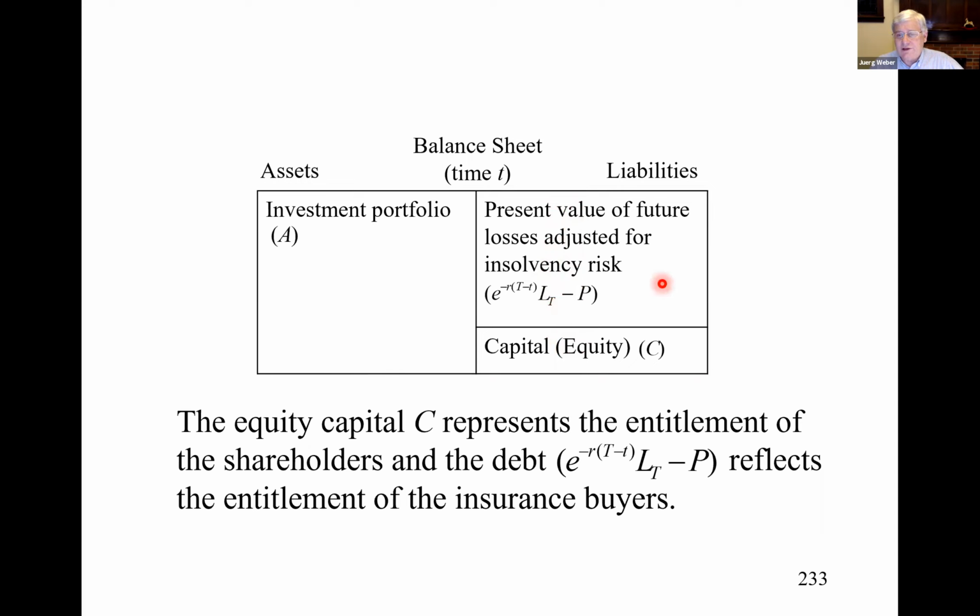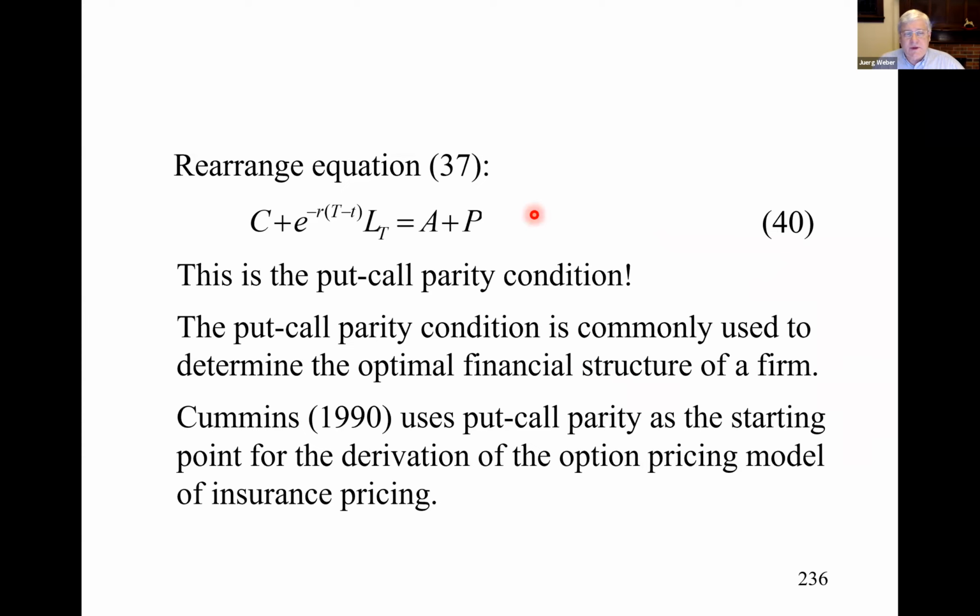Should you finance it through debt, or should you finance it through equity capital? The equity capital is owned by the shareholders, and here actually the debt is owned by the insurance buyers. That's a liability towards the insurance buyers. So how should we finance this company? The equation shows it. This put-call parity condition shows it.